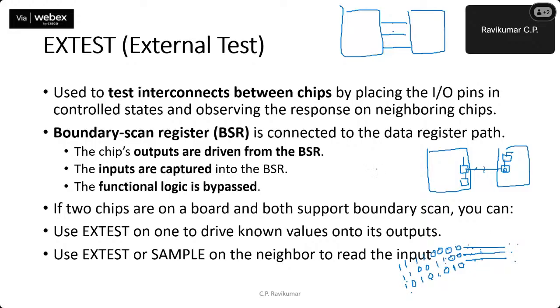Because when you have 32 wires, you may wonder, why should we test all kinds of combinations? But what could happen is the wires may not be straightforwardly connected like this, right? They may sometimes be routed in different points, and as a result, we don't know who is next to whom. So it is possible that there is some shuffling around of the wires, and as a result, any wire could be in the neighborhood of any other wire, right? That is the reason why we may have to apply quite a few patterns.